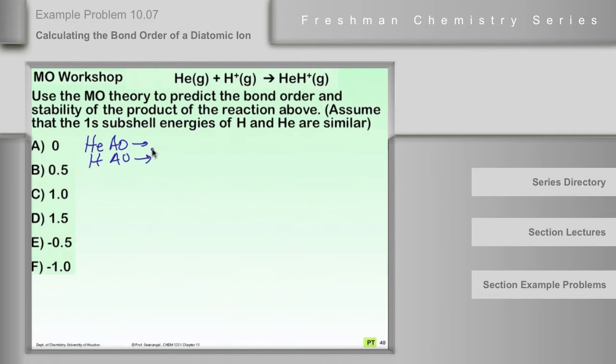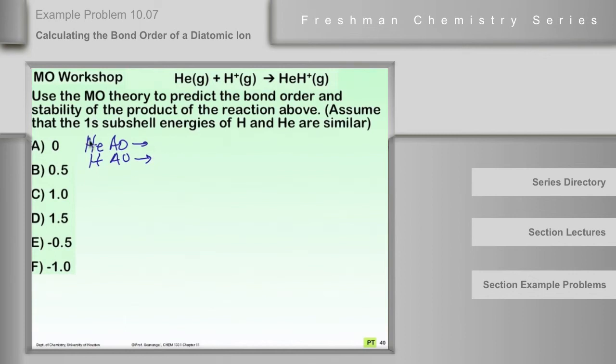Once you have the molecular orbitals, you set up an energy level diagram where you have the atomic orbitals on the outside, the molecular orbitals in the middle, increasing energy. Only then do you count the electrons, put the electrons in the atomic orbitals first, count them, put them in the molecular orbitals, and do your bond order. So that's what we're going to do through this.